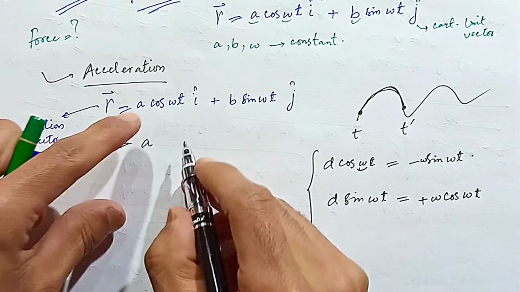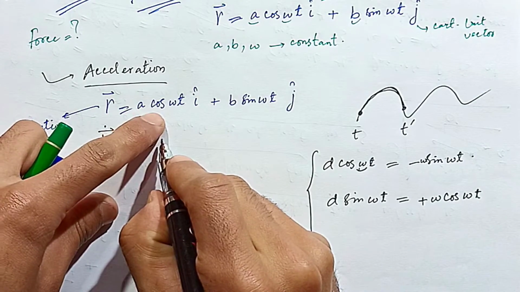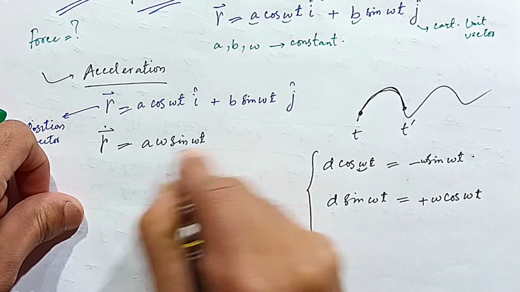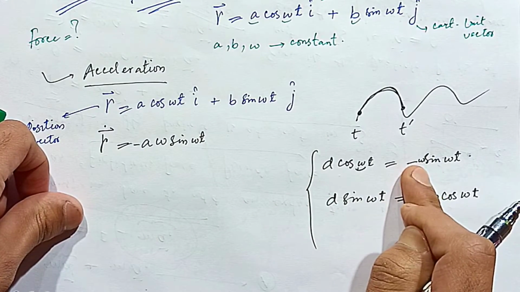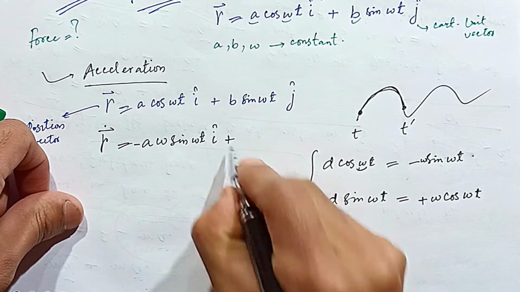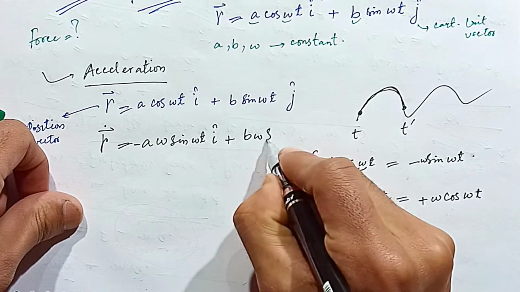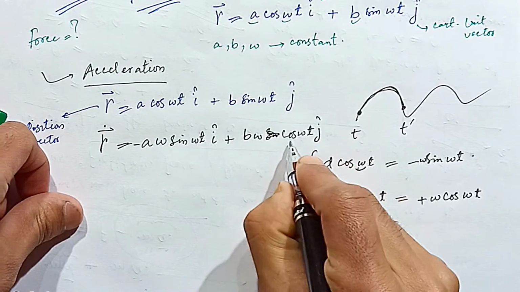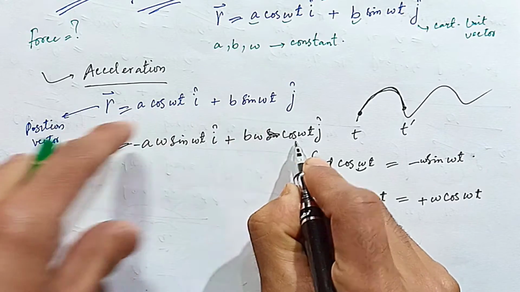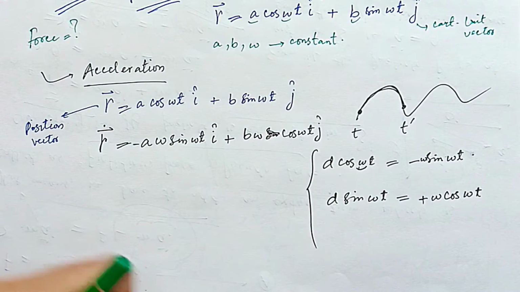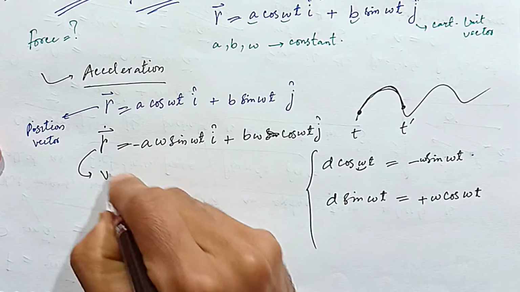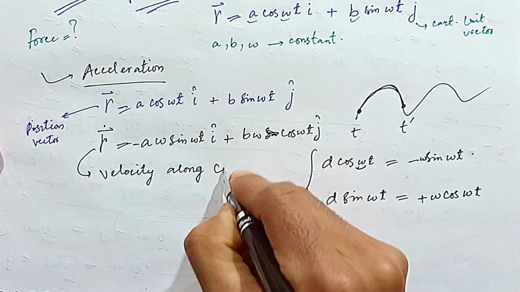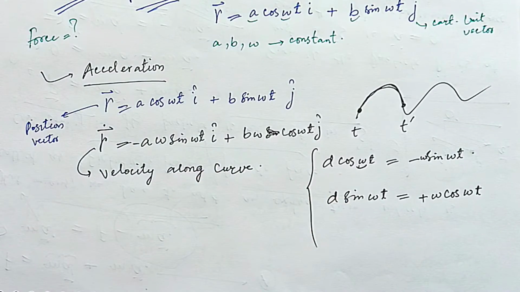So we will write it down as minus a omega sine omega t along the x-axis, plus b omega cosine of omega t along j, because the differentiation of sine is plus cosine. Now this will give the velocity along the curve, okay, but we need the acceleration.